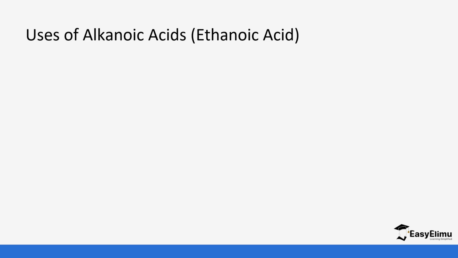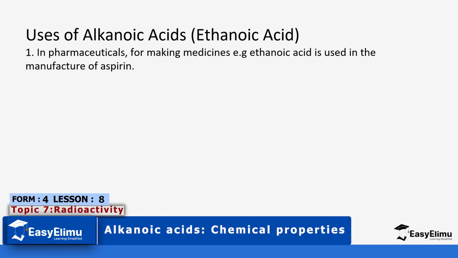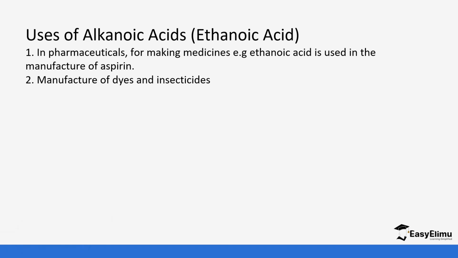Okay, so in conclusion, some of the uses of alkanoic acids: it is used in the pharmaceutical formulation of medicine, especially ethanoic acid. And then it is used in manufacture of dyes and insecticides. It's used in seasoning of food as vinegar.